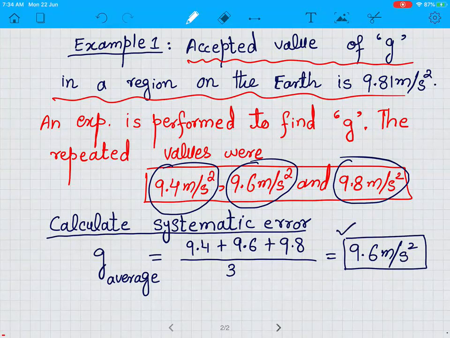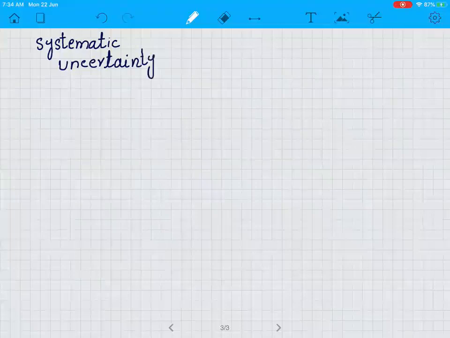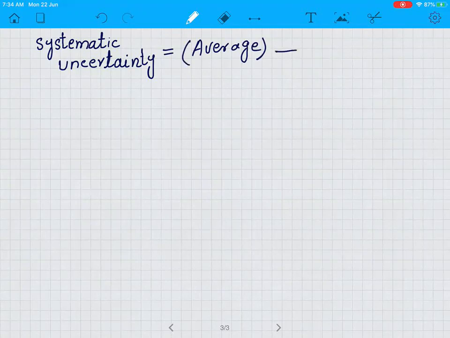Now the systematic uncertainty would be, according to the formula, the average value minus the actual value.